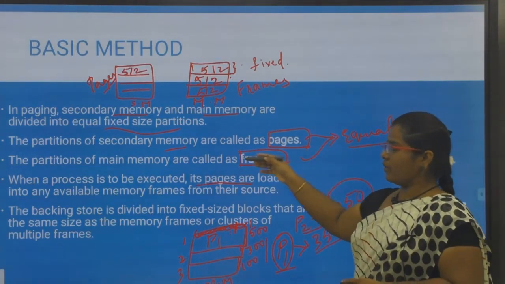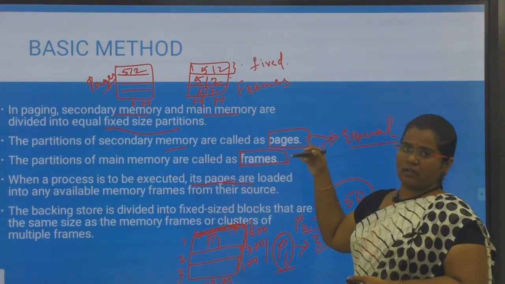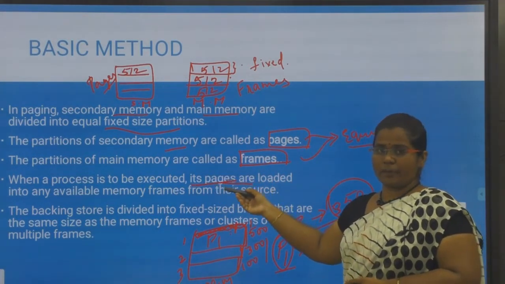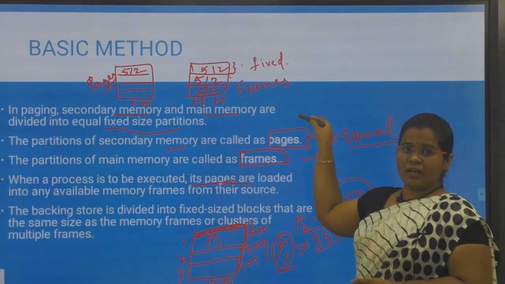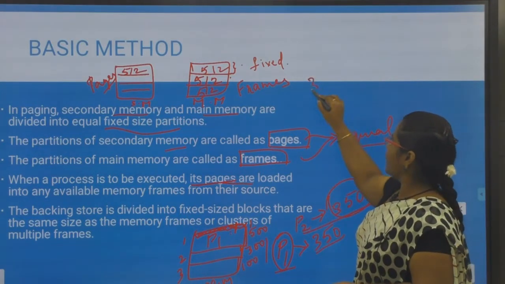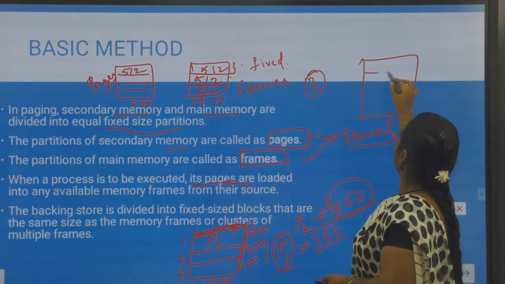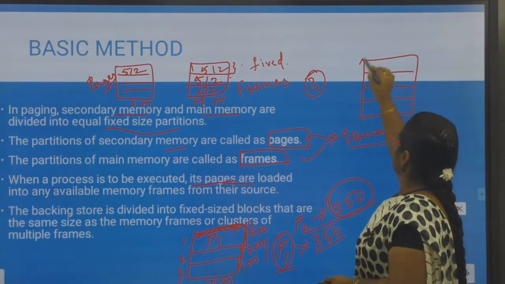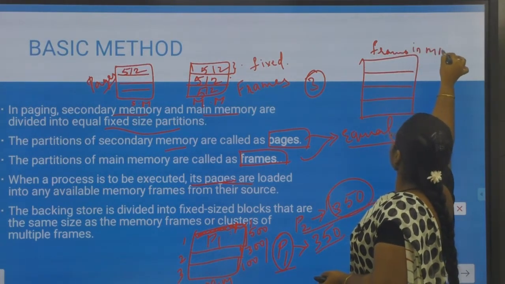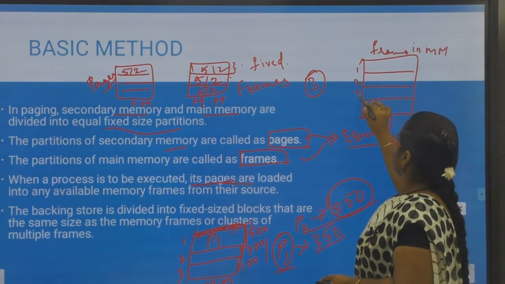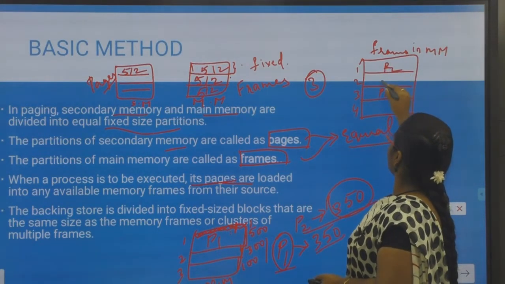Whenever you execute your process, each page of your process in the secondary memory is loaded into a frame in the main memory. If I have 3 pages for my process, these 3 pages will be loaded into 3 frames. If these are the frames in main memory, frame 1, 2, 3, 4, I can store my page 1 here, page 2, page 3.